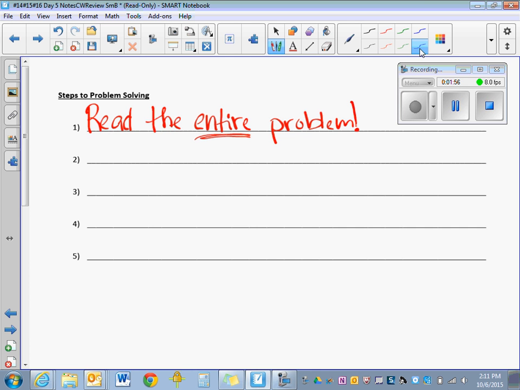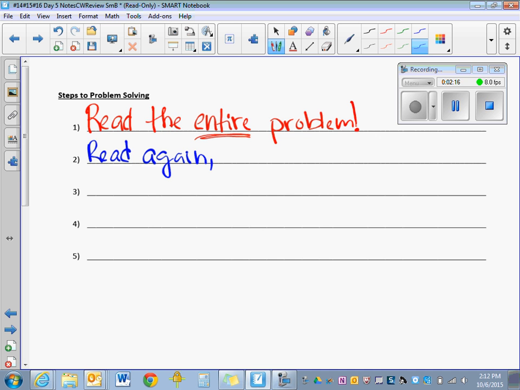So after we've read the entire problem once, then we go back through, and just like we did for translating verbal expressions, we want to read it again. But this time as we go through, we should underline, circle, highlight whatever important stuff we need.